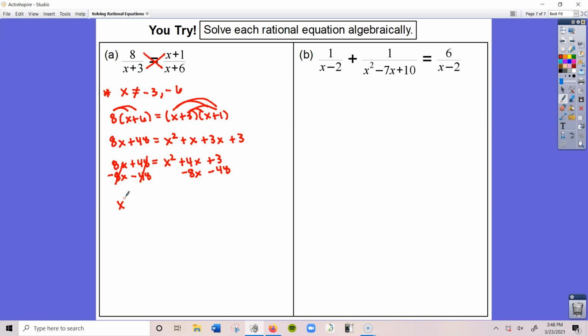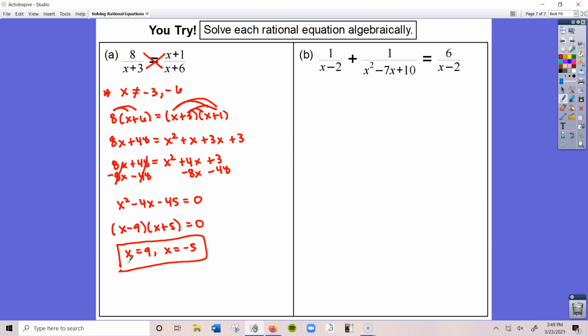And we get x squared - 4x - 45 is equal to 0. And now we factor. This is (x - 9)(x + 5). And we get two solutions: x is equal to 9 and x is equal to negative 5. Neither of these are my excluded values, so both of these are our solutions.